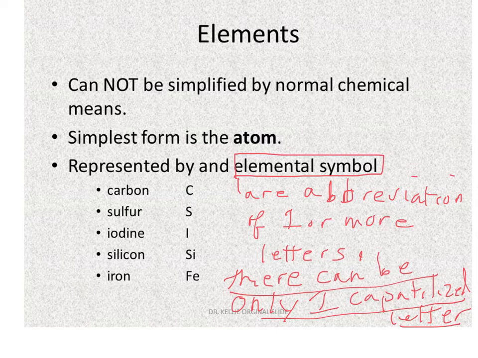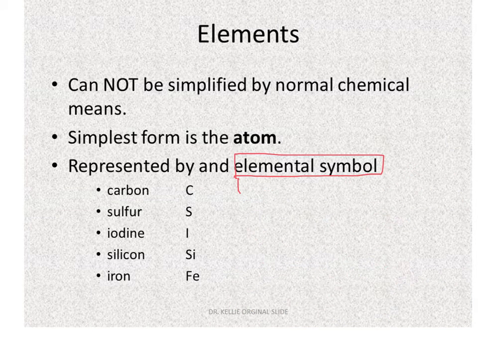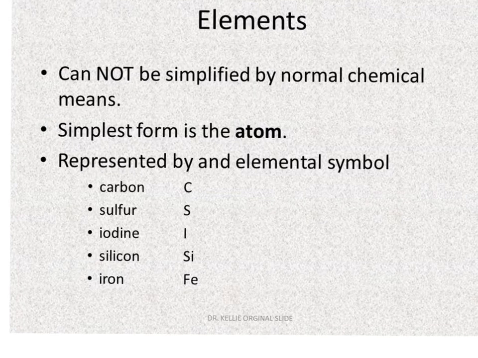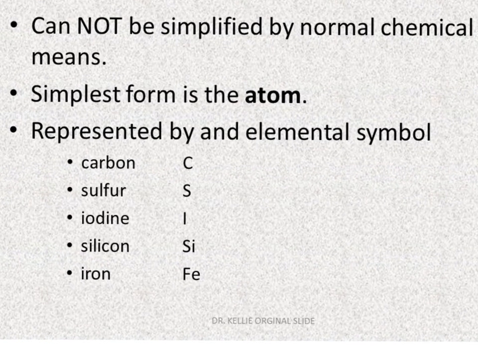Hopefully you have a periodic chart printed out and you're looking at it. This periodic chart's full name is the periodic table of the elements, meaning that anything you see listed on that periodic table is an element. You also see, when looking at that periodic table, that every little square has an elemental symbol on it.